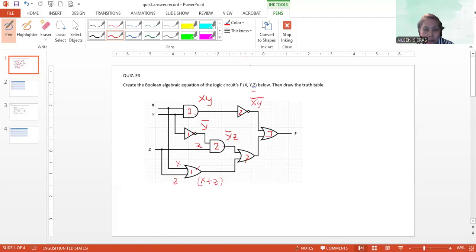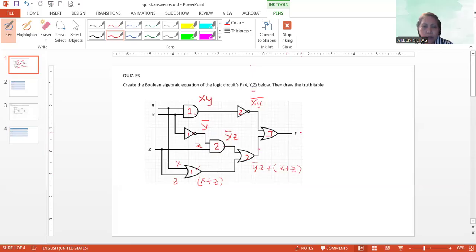And then for this OR gate, one input is Y bar Z, and the other input is X plus Z. So we will combine this one, Y bar Z plus X plus Z. Okay? So for the third OR gate, we have the input XY bar, and the other input is Y bar Z plus X plus Z.